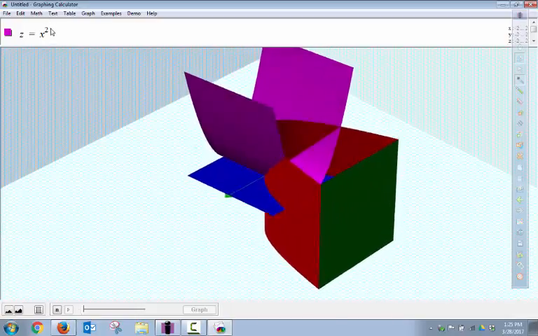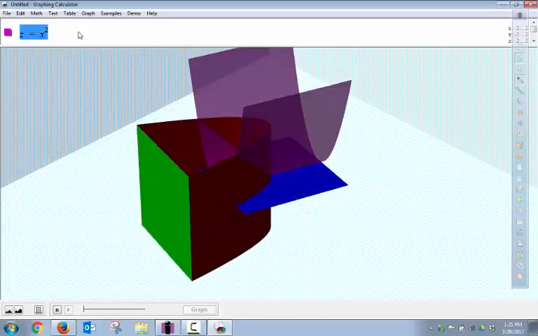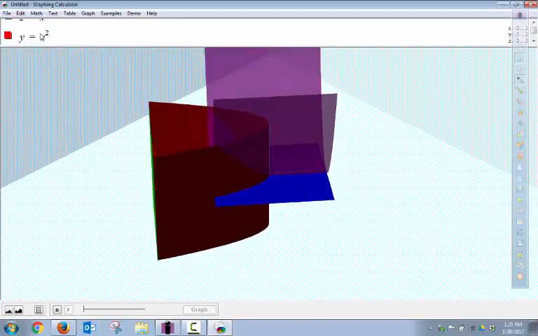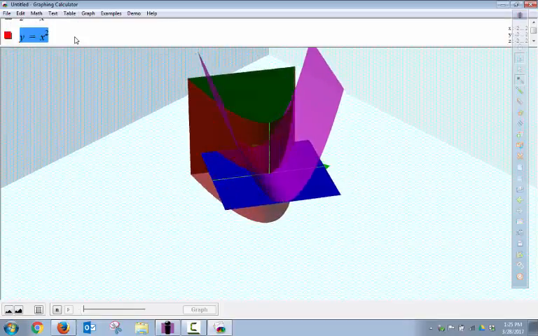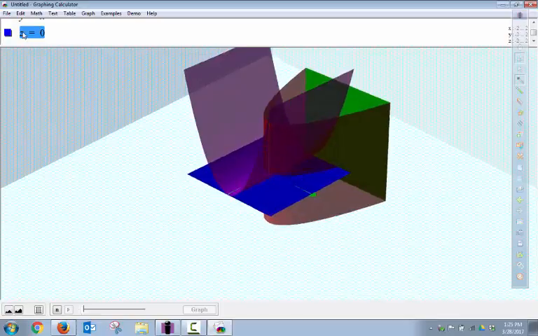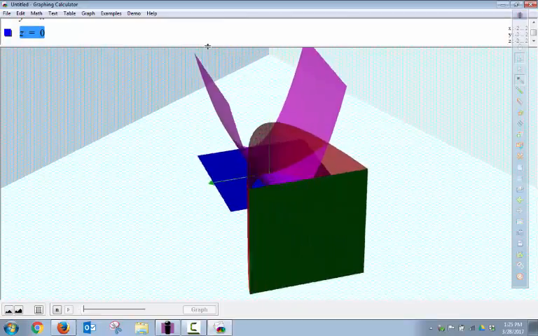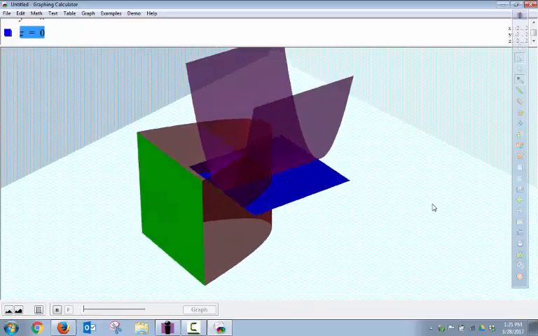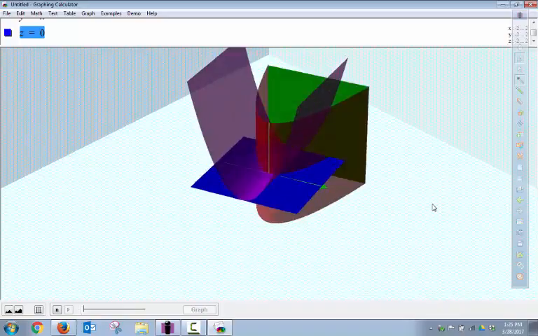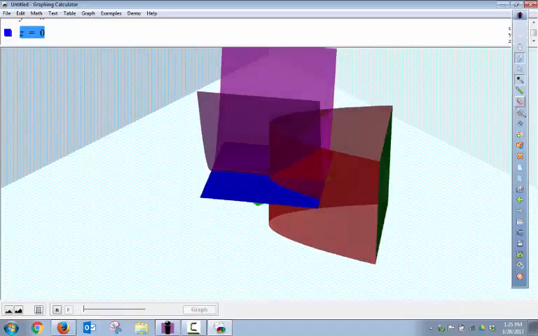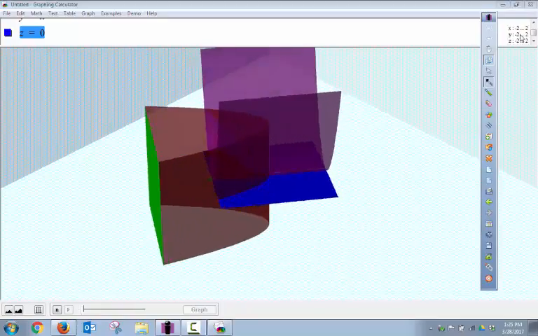Maybe if we can make these slightly transparent. Any other adjustments we need to make to try to see this? Maybe the bounds. All right, we want our y. Our y went all the way to 4, right?